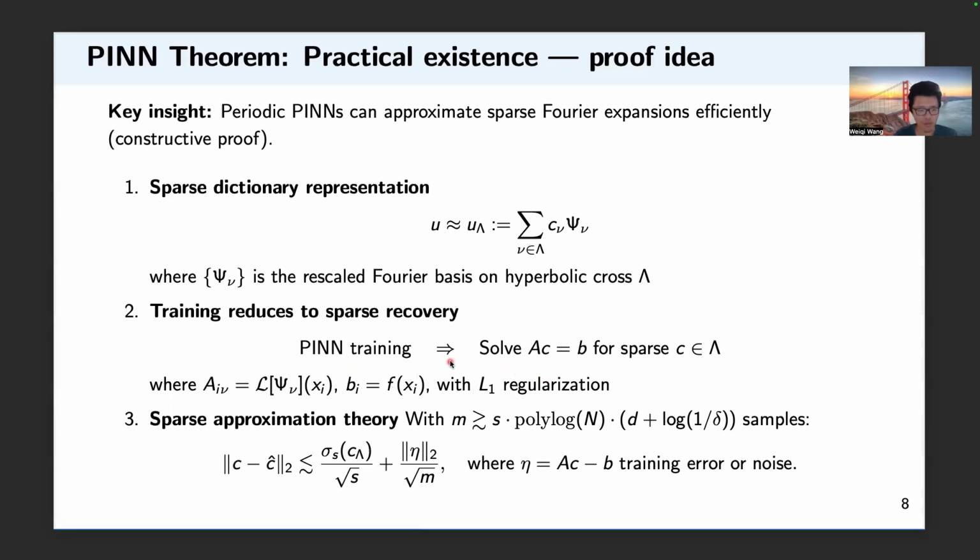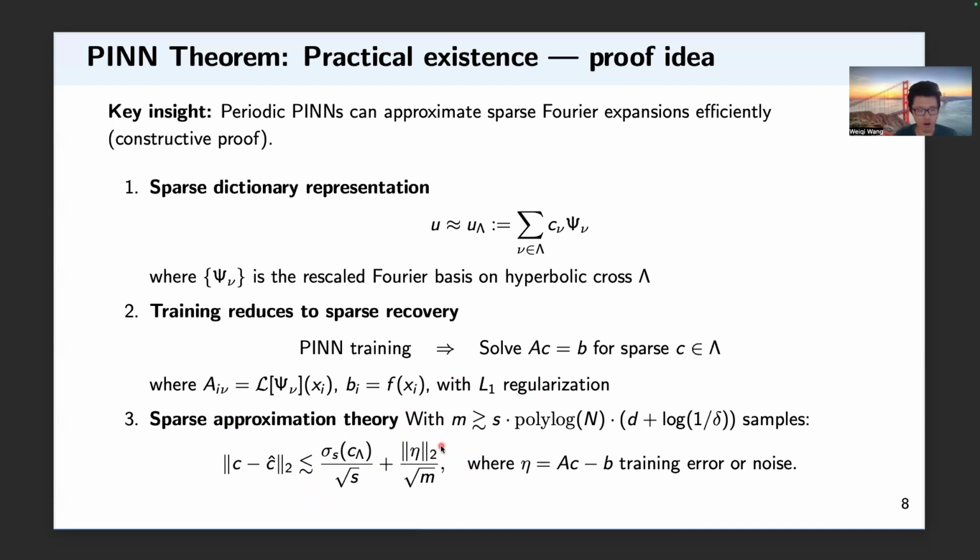And then step three is the sparse approximation theory. Some known results say that the coefficient error is small when we have enough samples, and when we move back to the functions, we add a truncation term because we use a finite set lambda instead of the entire space. This gives us the first term here.